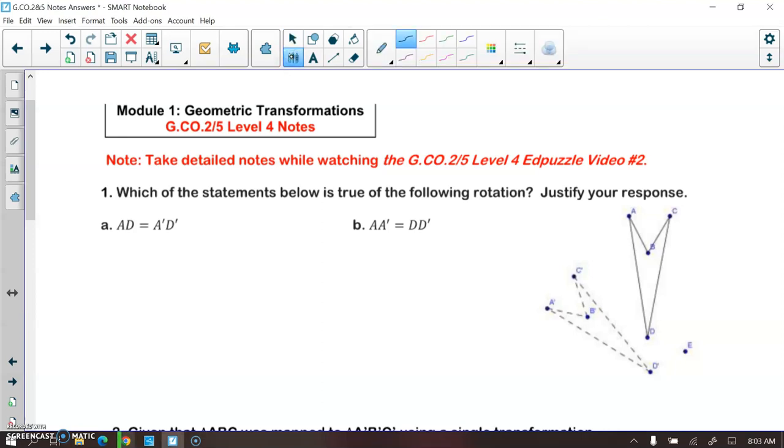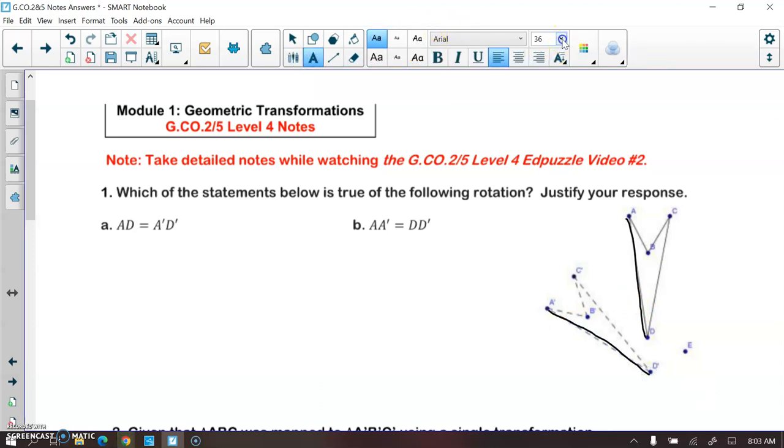So it says segment AD is equal to segment A prime D prime. This would be true. This is not just a property of rotations. This is an isometric property.